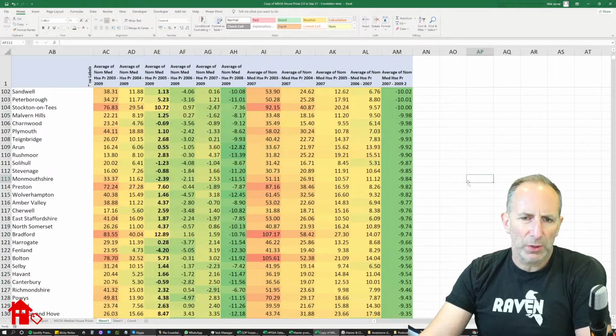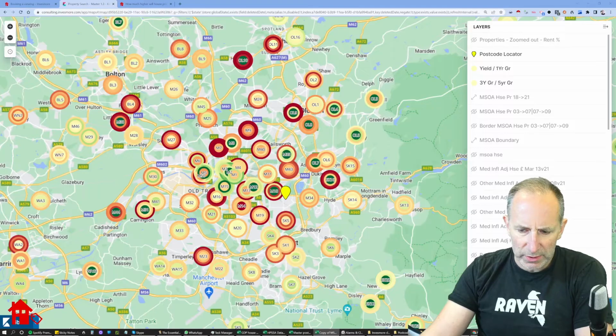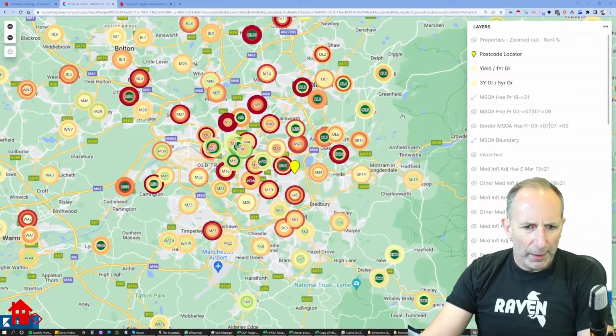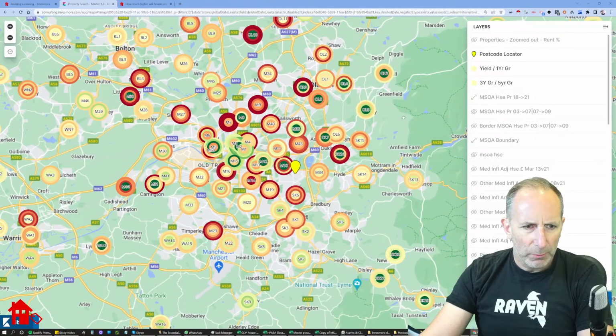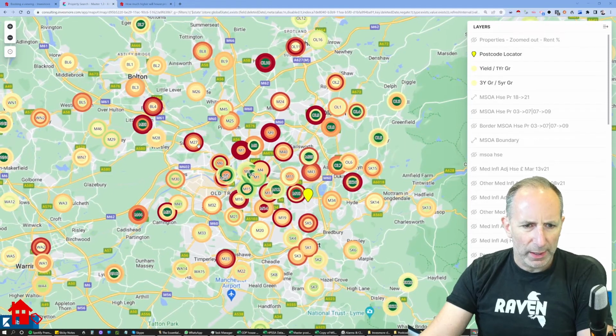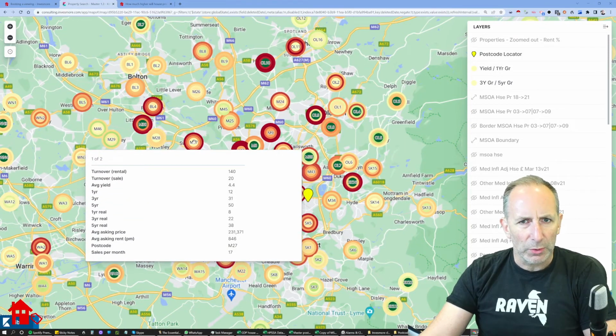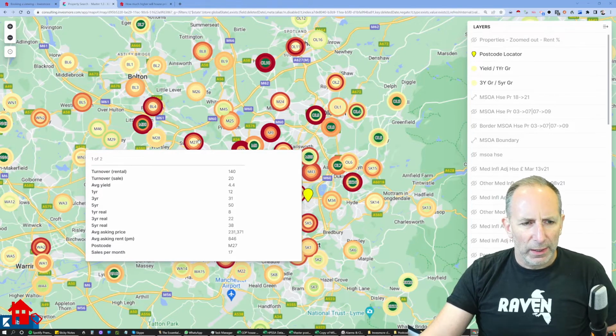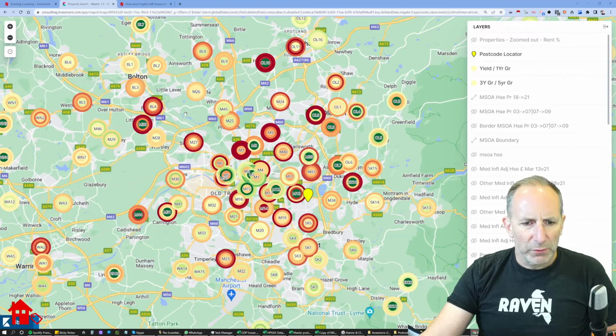So when I'm thinking about predicting the future and which areas are going to work best, I'm probably more interested in areas that have had a lot of growth, but are still fundamentally quite sound. In other words, the yields are still decent. It grew a lot, but the yields are there, and therefore it still fundamentally works.